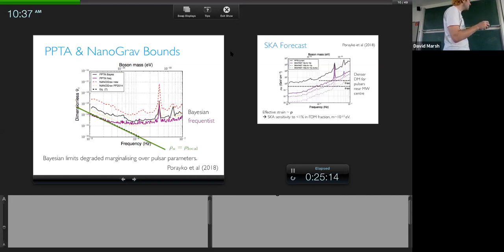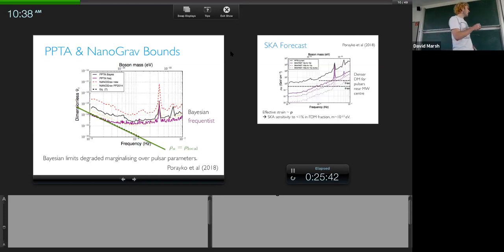The bound on the amplitude from NANOGrav, from their newer NANOGrav analysis, and then in black and purple from the Parkes pulsar timing array. I'm pointing out here that they do a frequentist analysis and a Bayesian analysis, and the Bayesian analysis gives worse constraints than the frequentist analysis, and that's because it marginalizes over the unknown pulsar parameters rather than profile likelihood.